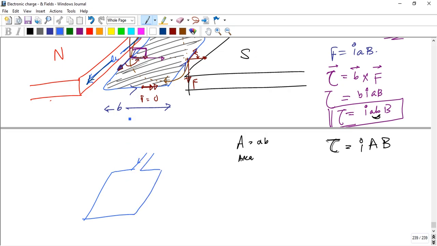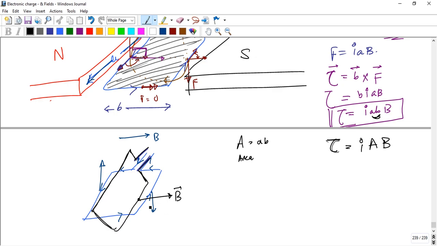Now the force is upward on one side, and the force is downward on the other. Now the rotation slightly changes, and this is the upper side. So obviously B is in that direction, B is obviously in the same direction.